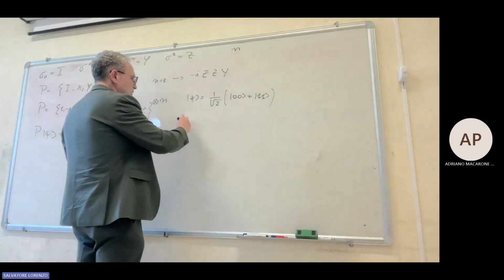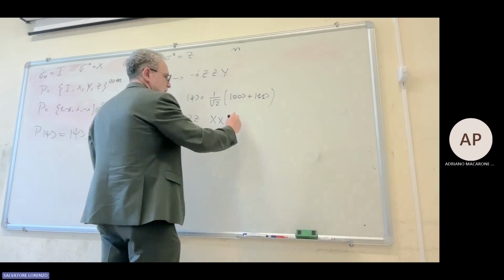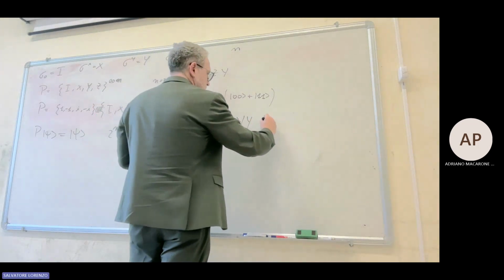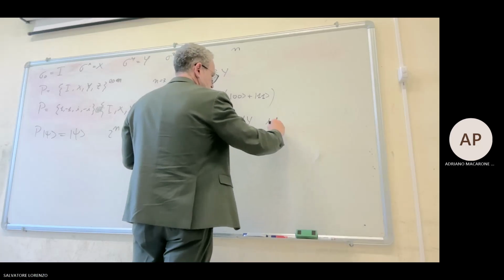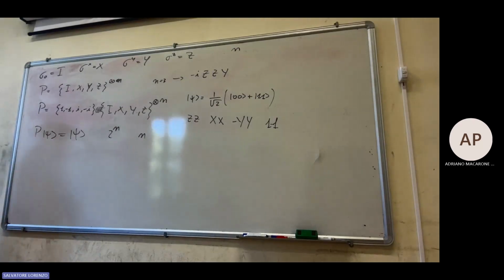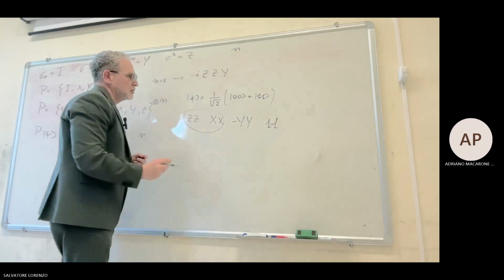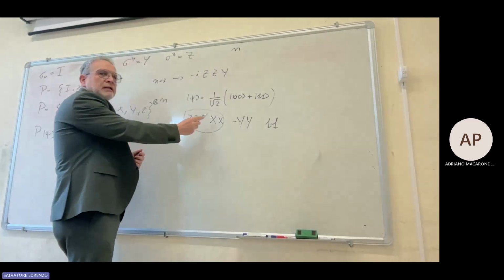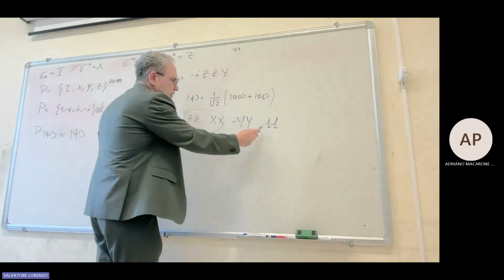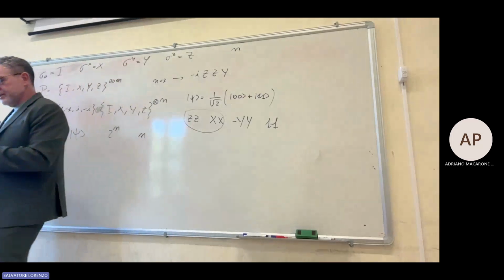The stabilizer group contains the operators ZZ, XX, -YY, and the identity. But if you consider these two, you can see that they can act as a basis, because the product of these two by itself gives the identity, the product between these two gives this other operator, and so on and so forth.